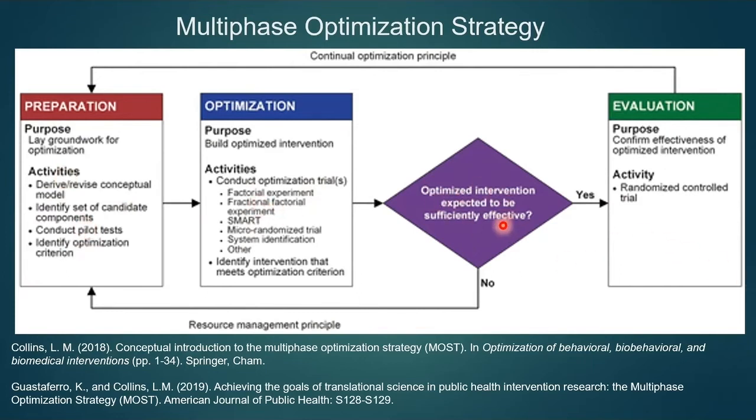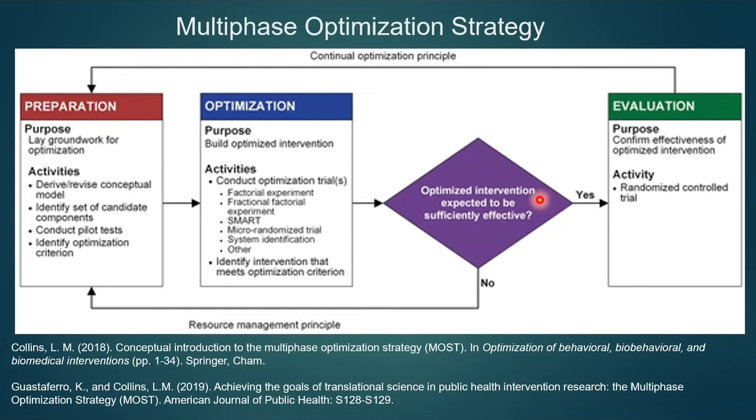But once we get to the point where the optimized intervention is expected to be sufficiently effective, we take this package, say, a combination of 4 different components, and we run a standard randomized trial, whether it's a group randomized trial or a step wedge design, or an individually randomized trial if relevant, usually not, using the standard principles that we had talked about for step wedge and group randomized trials.